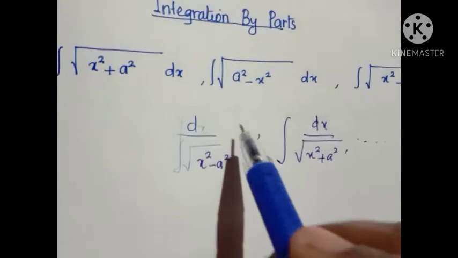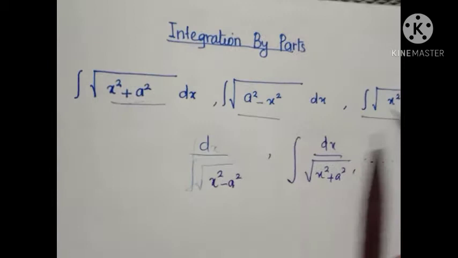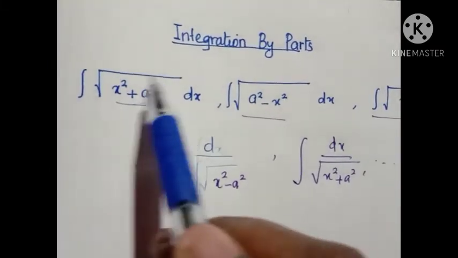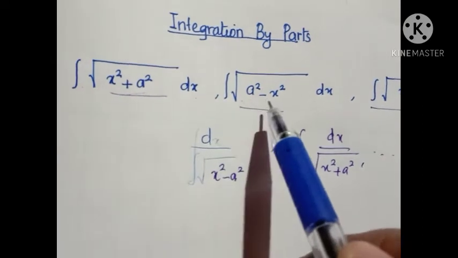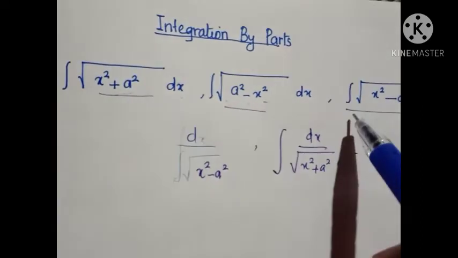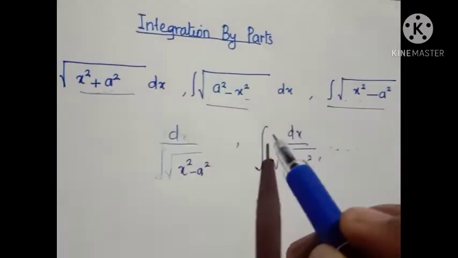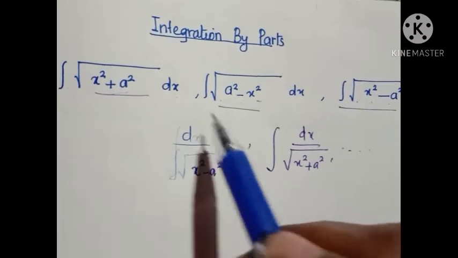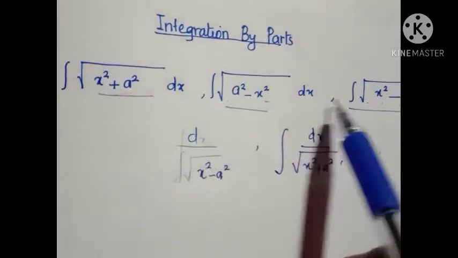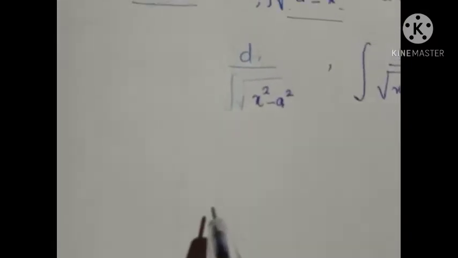We need to study some more formulae: the integral of root of x square plus a square dx, root of a square minus x square dx, root of x square minus a square dx, etc. In between the problems, I will define the formulas of these types of integrals. Now let's see integration by parts.